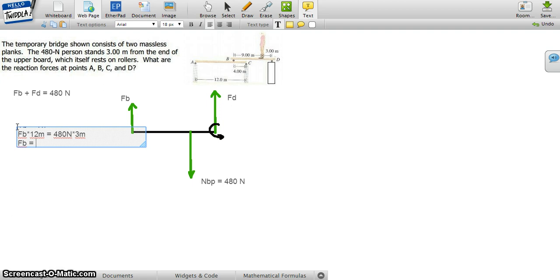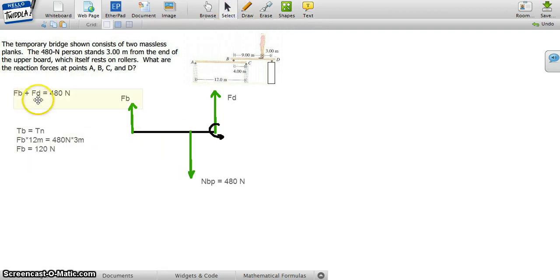Yes, 120 newtons. Okay. Once I have that, then I can use this first equation up here again. So 120 newtons plus FD must be equal to 480 newtons.